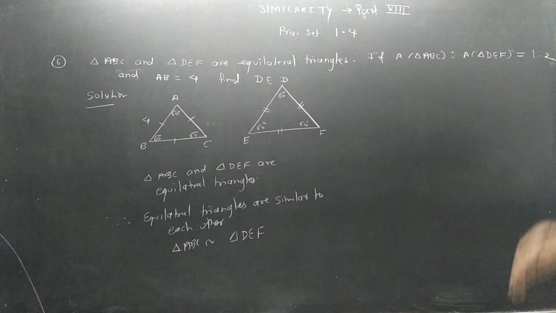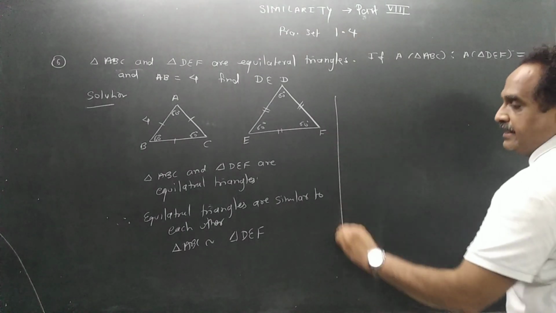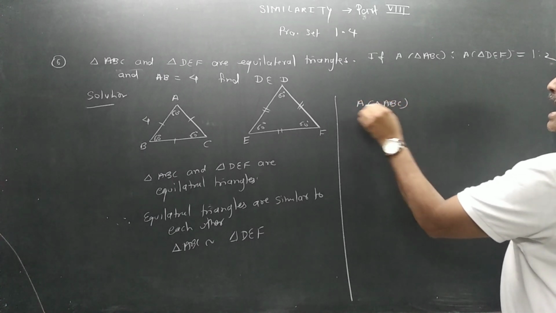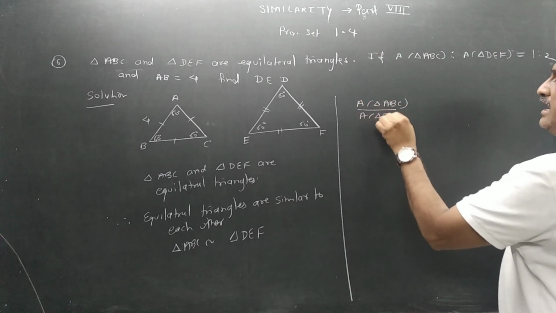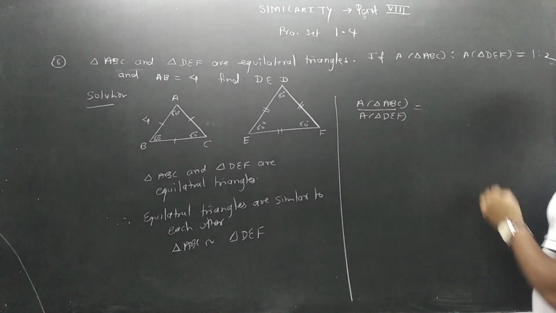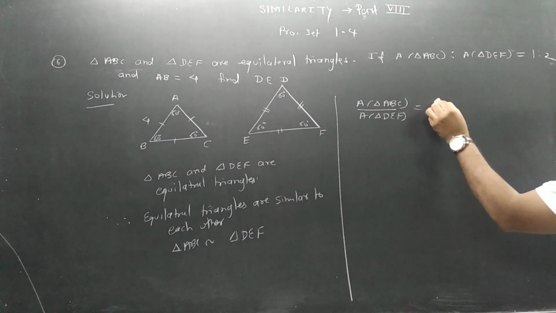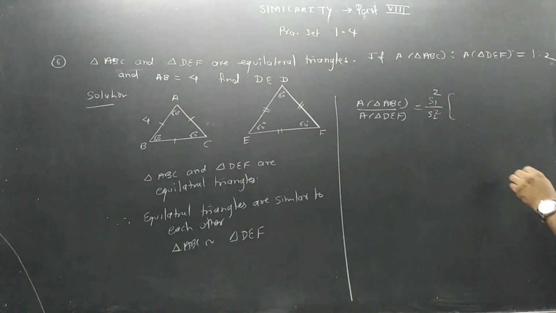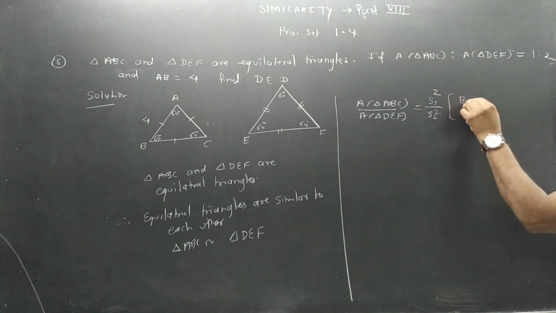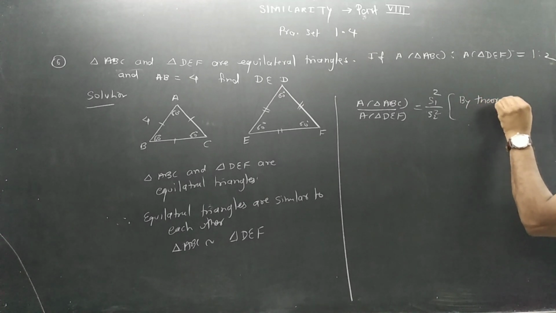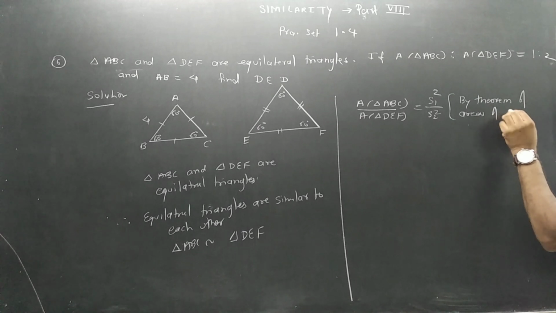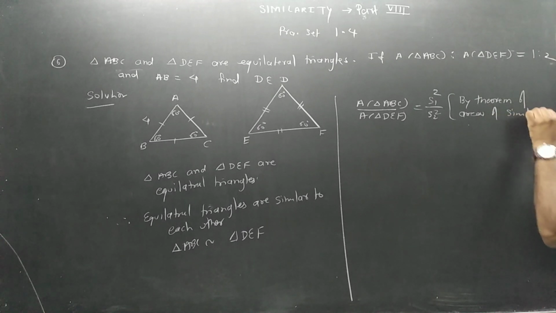You got it? And they have given the area. So ultimately, what I can write is area of triangle ABC upon area of triangle DEF will become S1 square upon S2 square. That is nothing but by the theorem of areas of similar triangles.